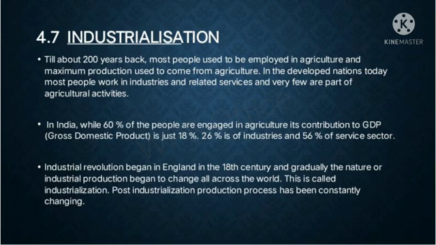In India, while 60% of the people are engaged in agriculture, its contribution to GDP, gross domestic product, is just 18%. 26% is of the industries and 56% of the service sector.